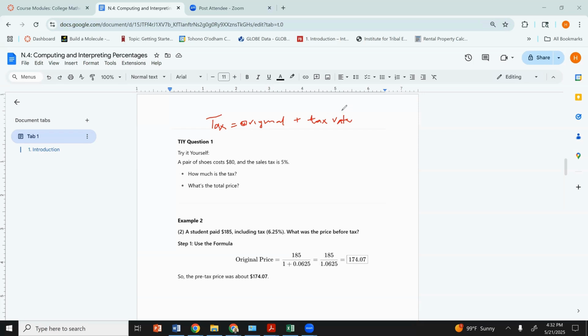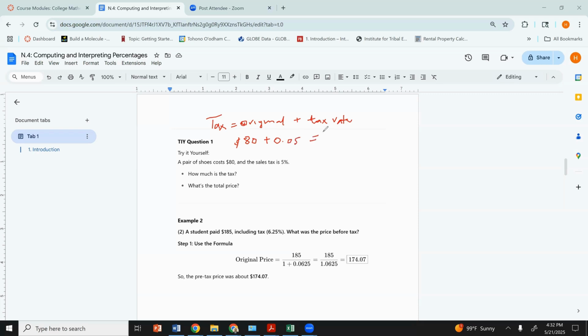In this case, the original price is $80, and the tax rate is 5%, so 5 divided by 100. What is 5 divided by 100? You can either say 0.05 or 5 divided by 100. 5 divided by 100 is 0.05.